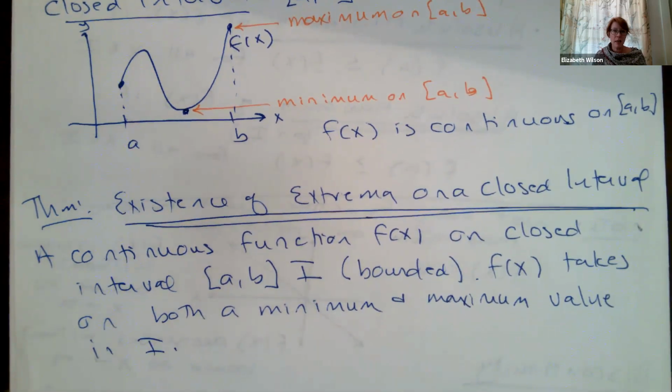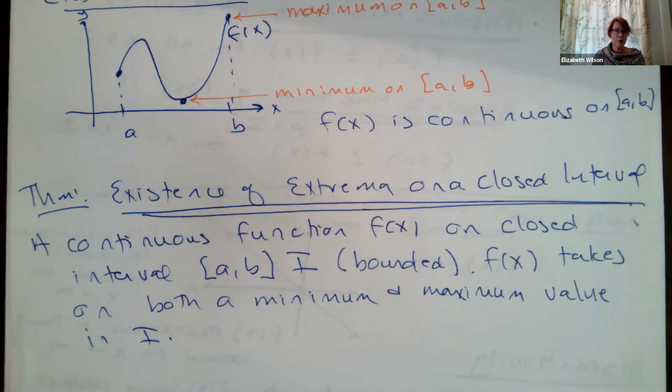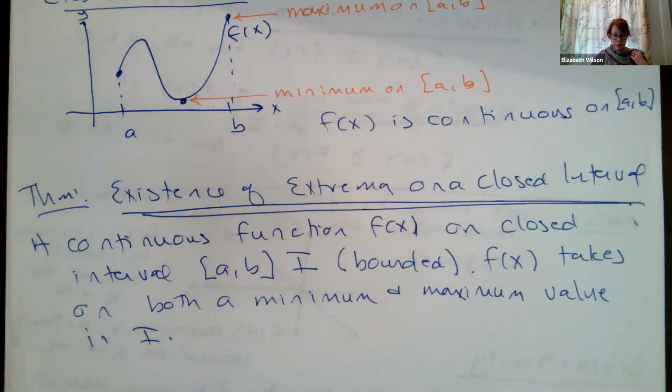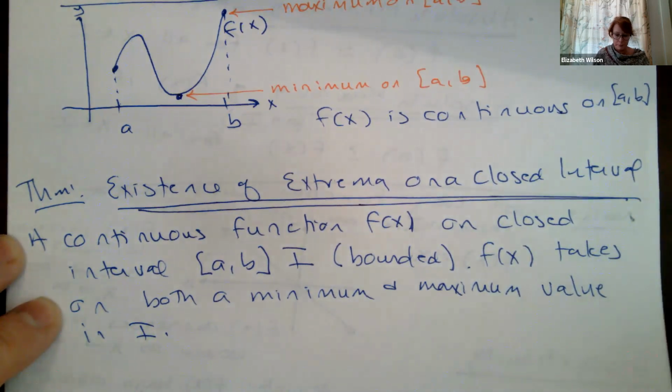So if we have this closed interval and our function is continuous, it's almost guaranteed that we're going to have some kind of a max or min along this interval. This whole process, optimization, is a process in which we're going to be able to find out what those values are.